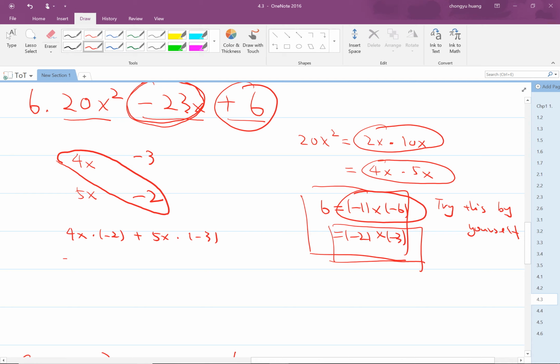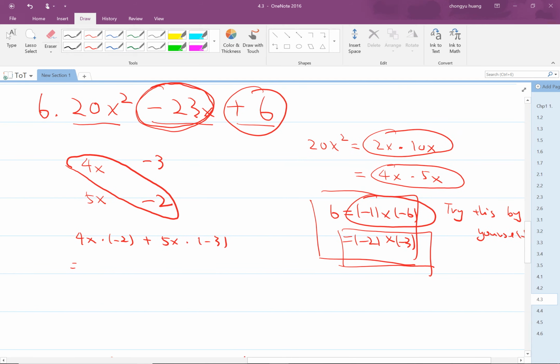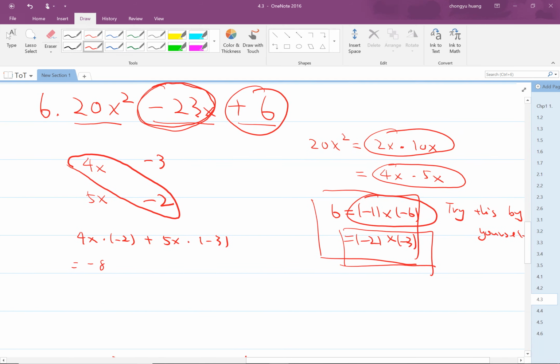So we have negative 8x and then negative 15x, so negative 8x minus 15x is equal to negative 23x. You can see this is exactly the number we are looking for. So you actually get the right combination.